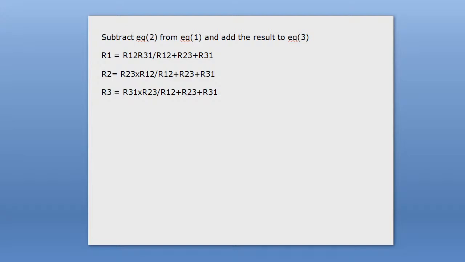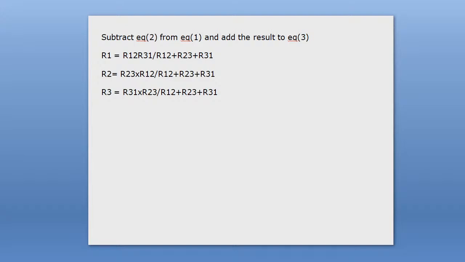R2 equal to R23 into R12 divided by the sum of all resistances in the delta network, and R3 equal to R31 into R23 divided by the sum of all resistances in the delta network. So you can realize that in an exam it is very difficult for a student to derive R1, R2, R3 in terms of delta network resistances.